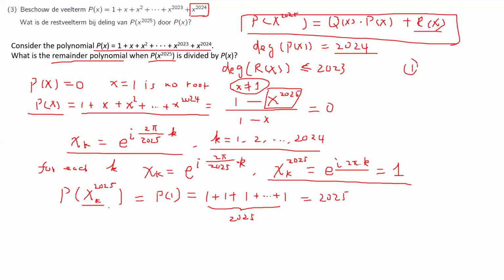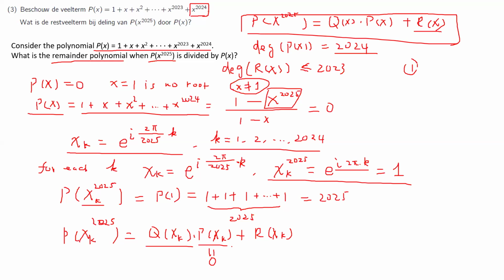In this definition, we put the P(x_k^2025) in, and we know that Q(x_k) times P(x_k) plus R(x_k), because for each x_k, P(x_k) is 0, since x_k is a root of P(x) equal to 0.